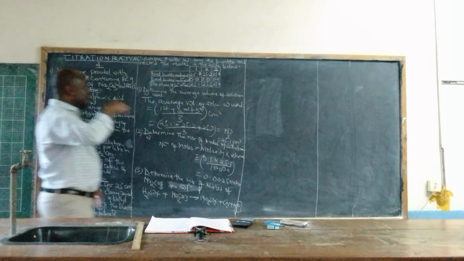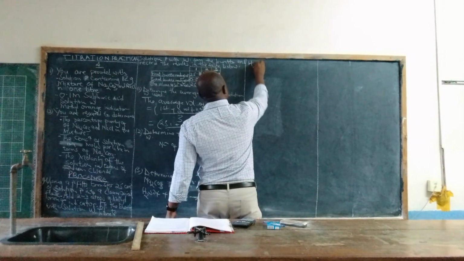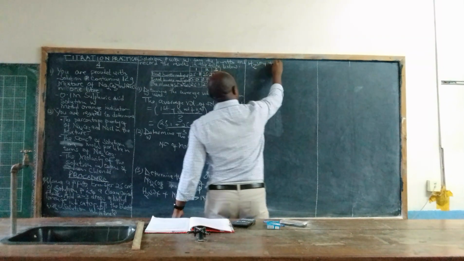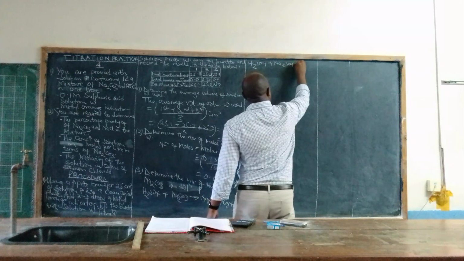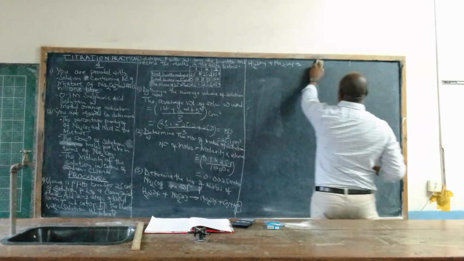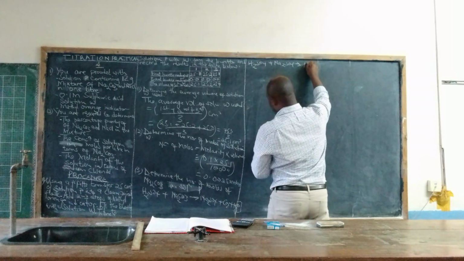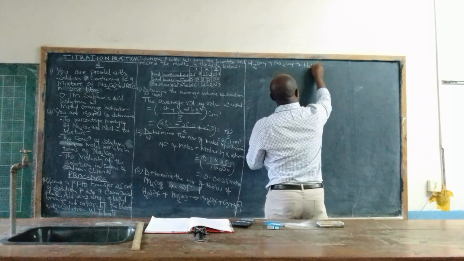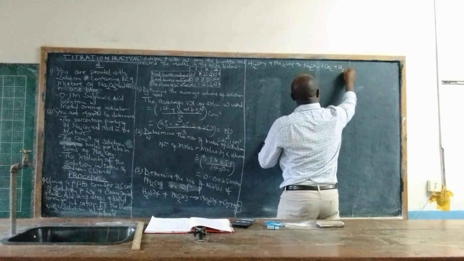So the mole ratio here, we write here the full equation. Sulphuric acid plus sodium carbonate is supposed to give us sodium sulfate plus carbon dioxide plus water.